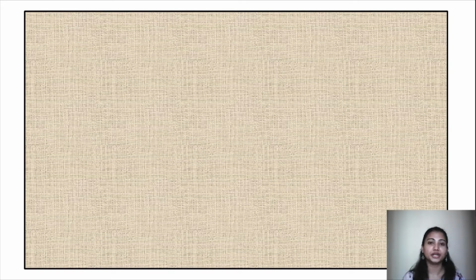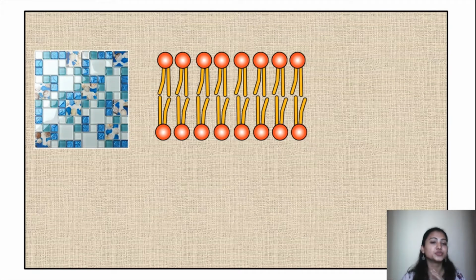So we'll be continuing the fluid mosaic model part. Let's quickly revise some of it. As we saw, this is the cell membrane and this is the tile form. The small pieces depict the head of the cell membrane, which is the phospholipid head.